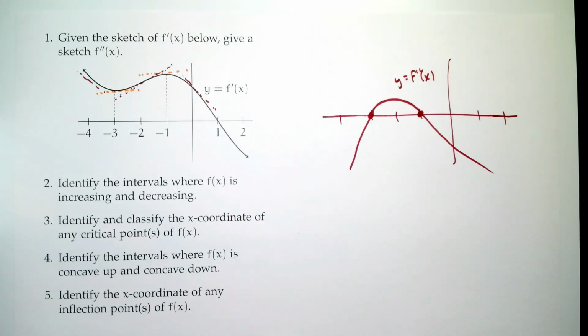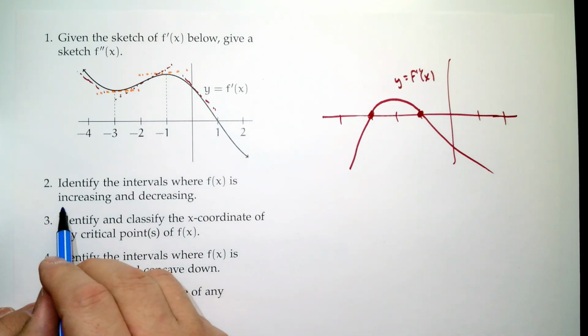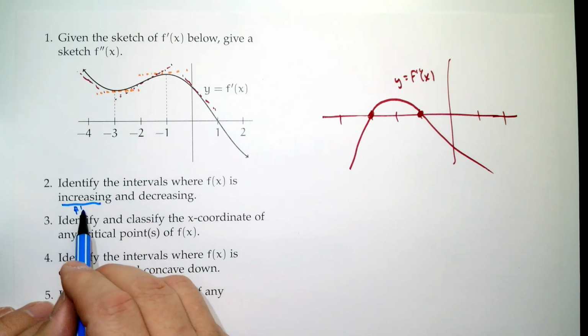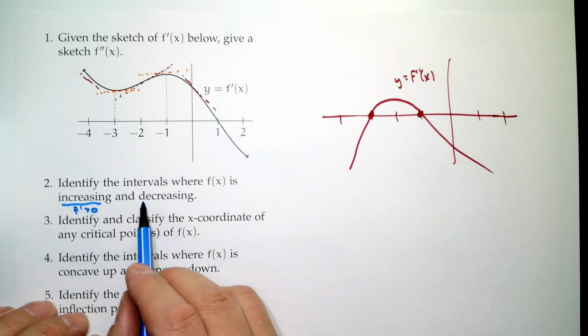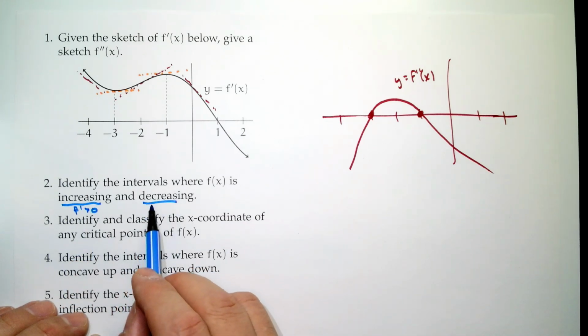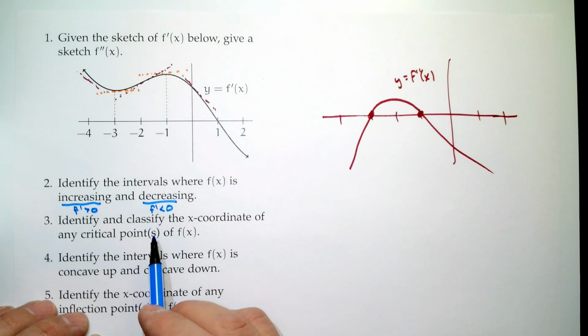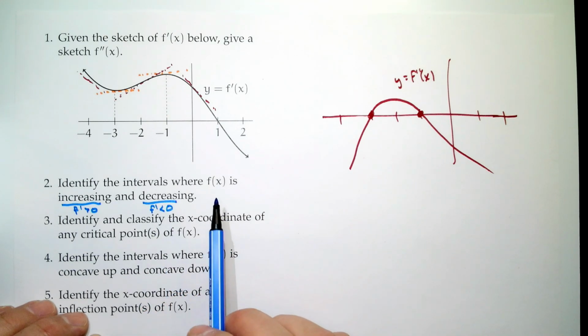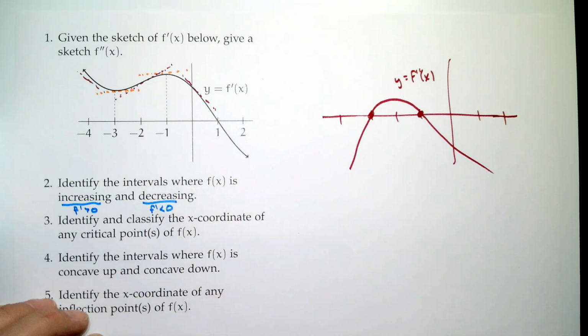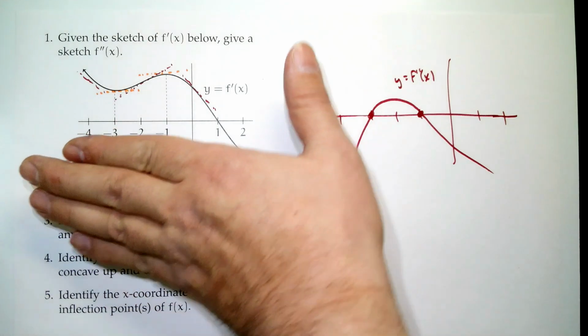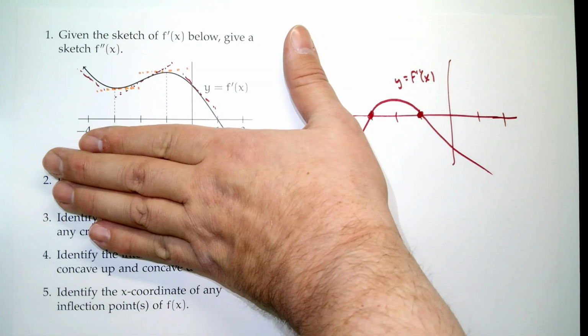So what am I looking for? Increasing corresponds to what? F prime is positive. So increasing is code word for saying f prime is positive. What about decreasing? F prime is negative. So we look at the picture and we say, okay, when is f prime positive? So that says I want to be above the axis.